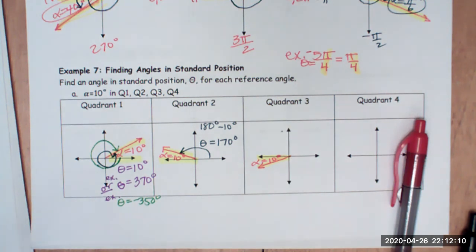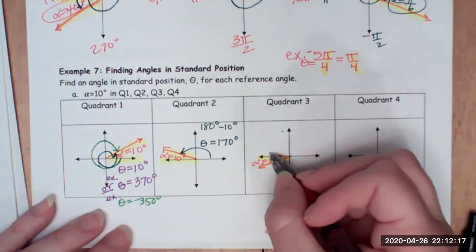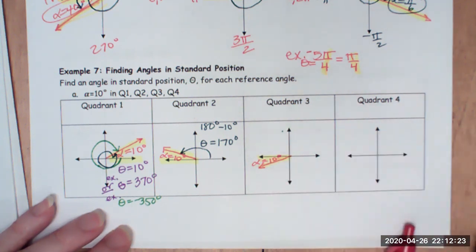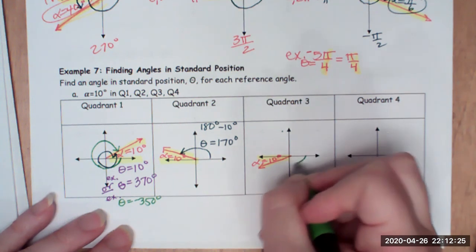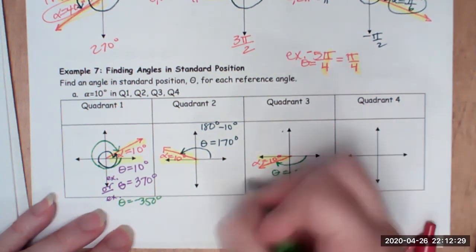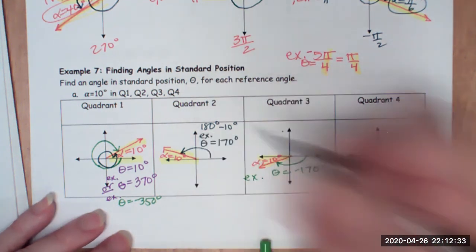So if I want to figure out an angle for that, I could either say 180 plus 10, say, for example, 190 degrees, or I could go the other direction, right? I could say theta equals negative 170. Again, this is just an example, okay?